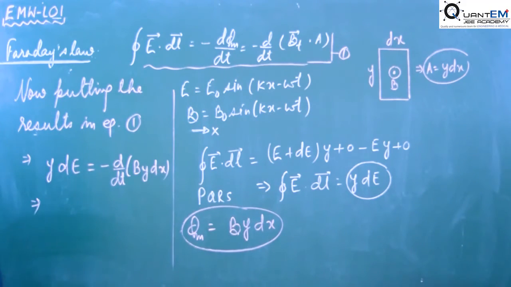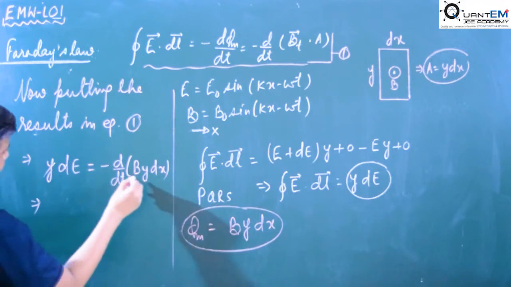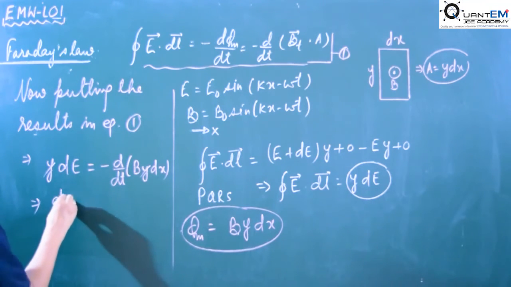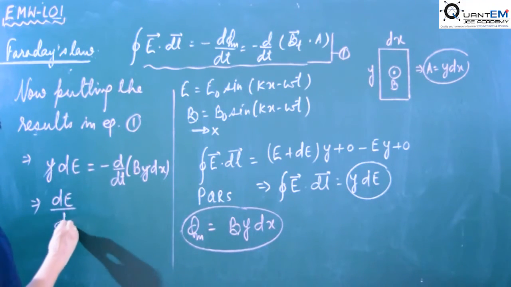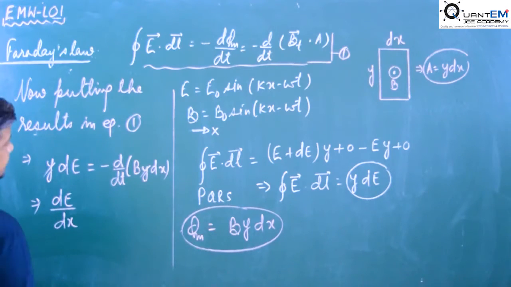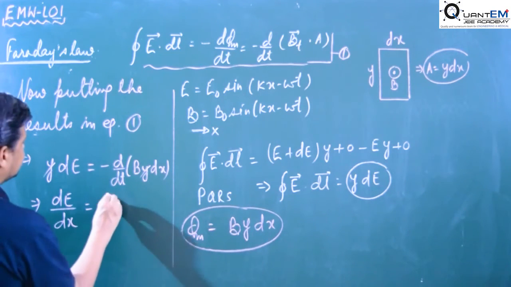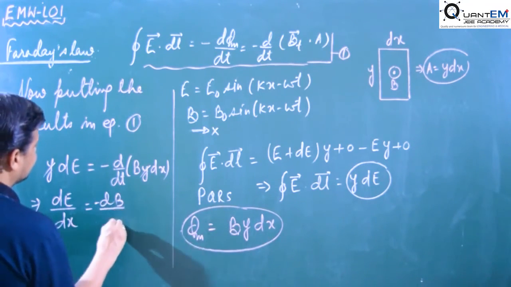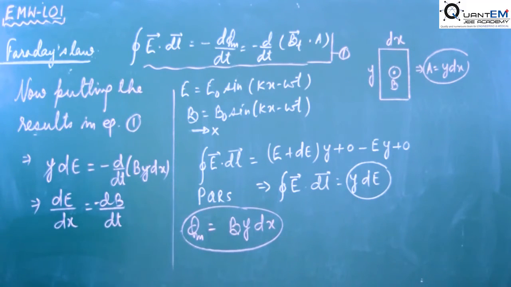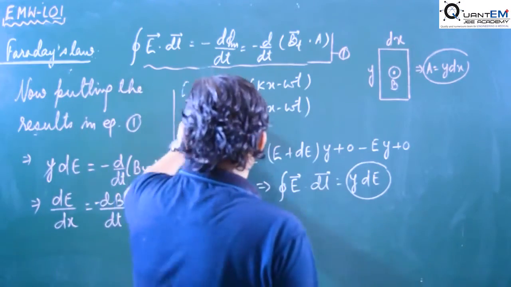So y and y get cancelled, and we get the result dE by dx is equal to minus dB by dt.